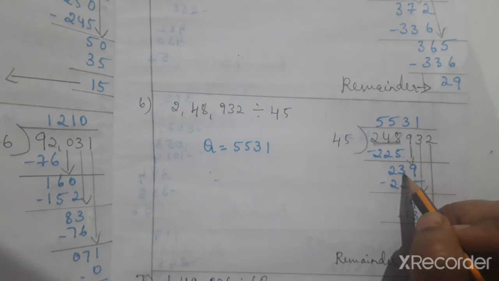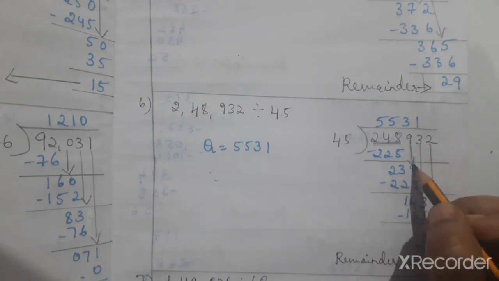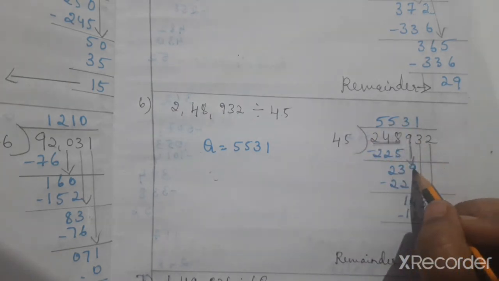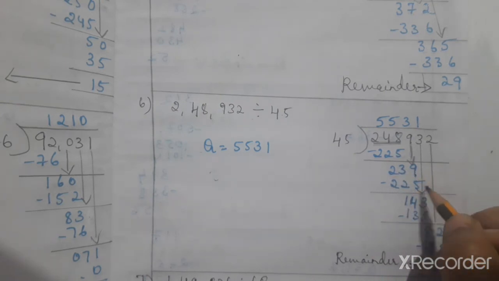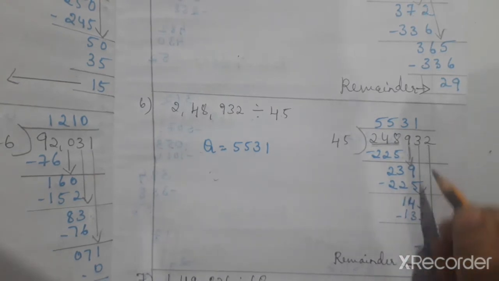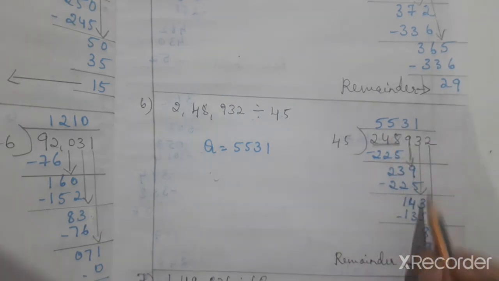After subtraction, 23. Then bring one more number from above, that is 9, making 239. Again 45 times 5 is nearest to 239 because 45 times 6 is greater. 225 minus this, 14 is the subtracted value. Now bring down 3, so 143. 45 times 3 is the nearest one, 135, and subtract this.